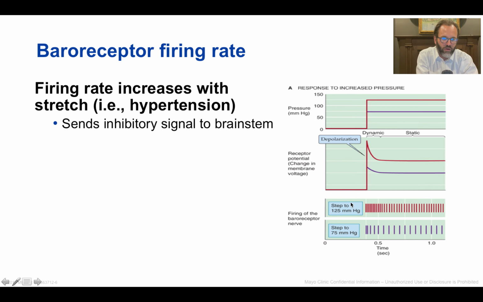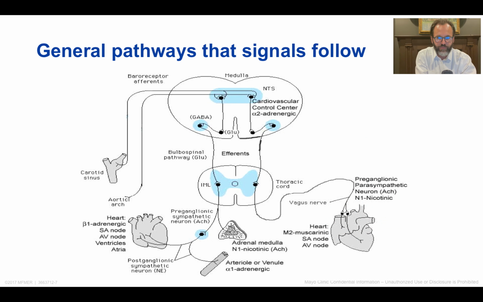With 125 millimeters of mercury, you have a much more rapid increase in firing rate, and of course the dissipation is slightly less. But again, what we're seeing here is a dose-dependent increase in depolarization of the membrane and subsequently increases in firing rates, which are going to increase the amplitude of that inhibitory signal going to the brainstem.